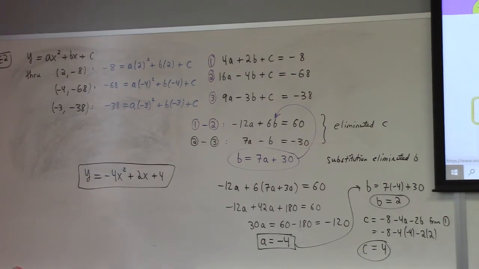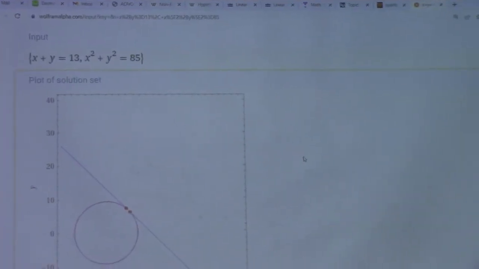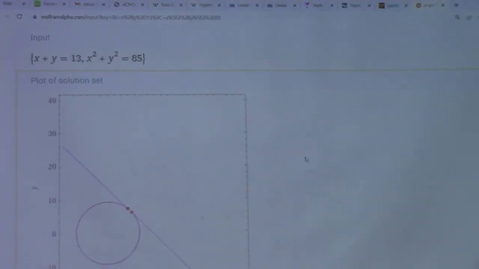So here's a picture. Can you guys see the picture? Let me write down the problem that we're solving here at the moment. This is problem 27 in your homework.